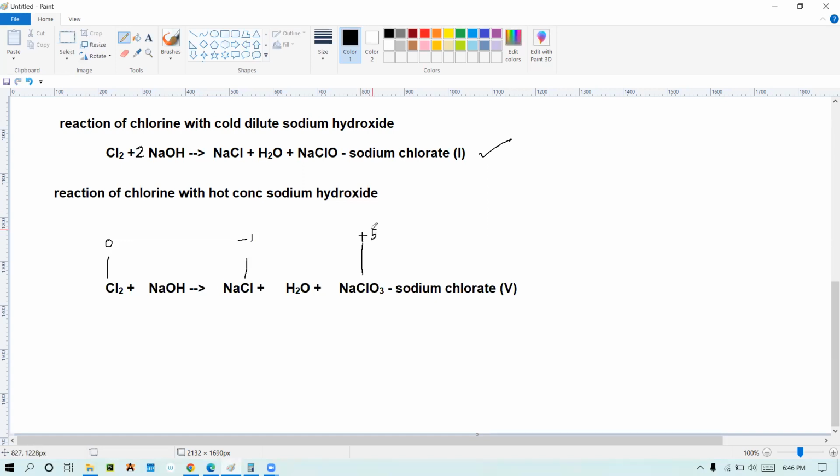You can see, so there are 2 chlorine atoms here. 1 chlorine atom goes to -1. It is reduction. Another chlorine atom goes to +5. It is oxidation. When chlorine goes from 0 to -1, it gains 1 electron.